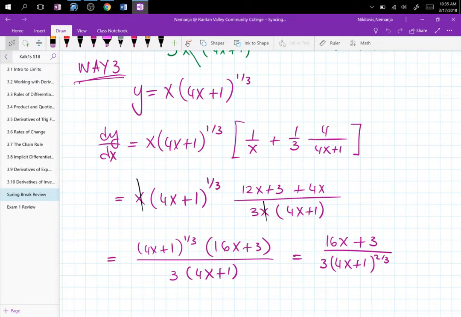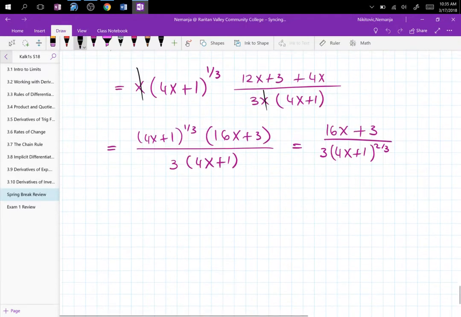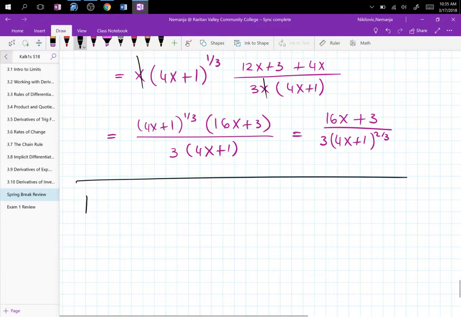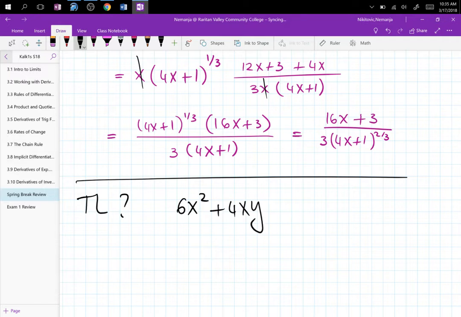So find the tangent line for 6x squared plus 4xy plus 4y squared equals 126 at the point (3, 3).